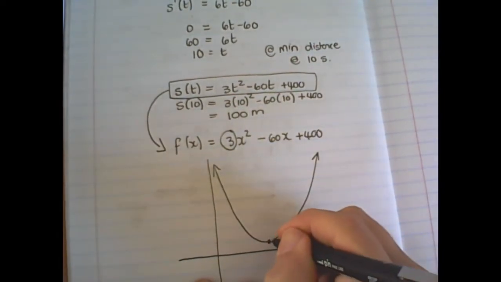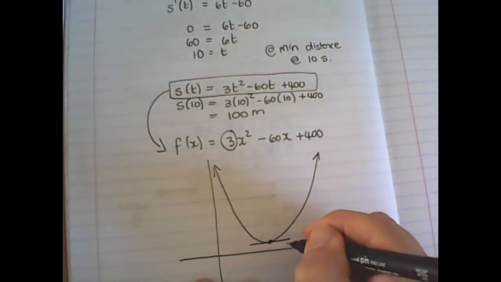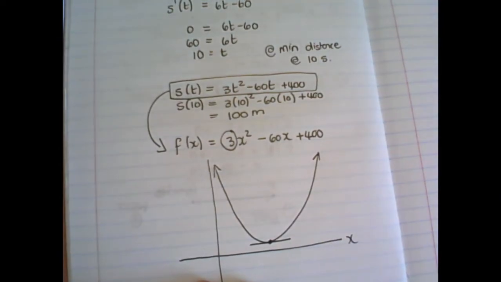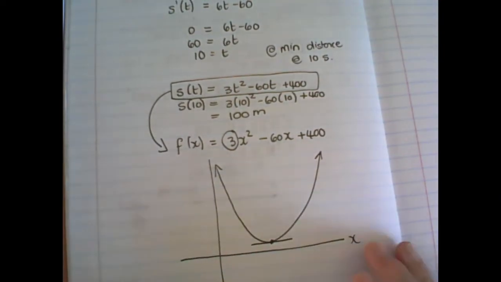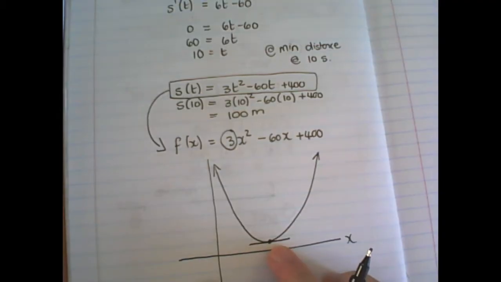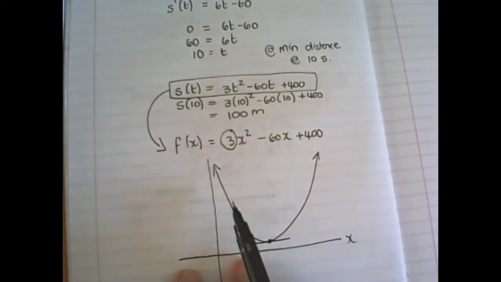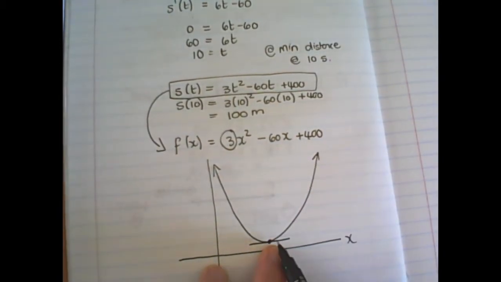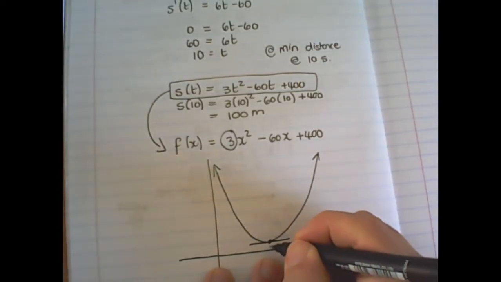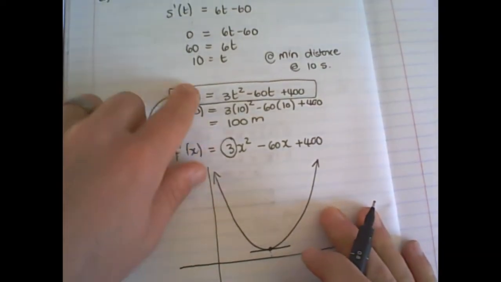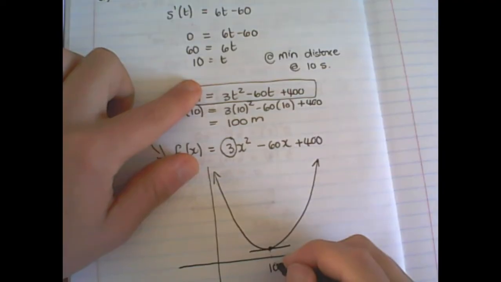And the minimum distance is this point right here. Okay? So basically we are calculating the turning point. So that's the minimum value of the graph, because you can see it's turning and then it's going up afterwards. And what we have worked out now is that the minimum distance is at 10 seconds.